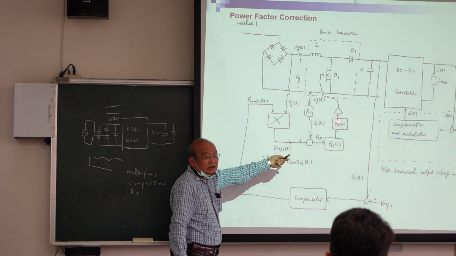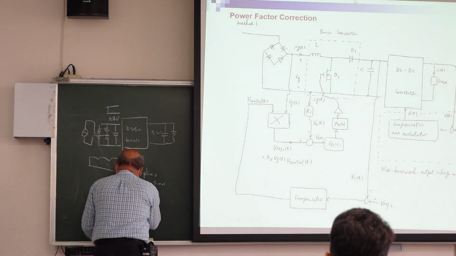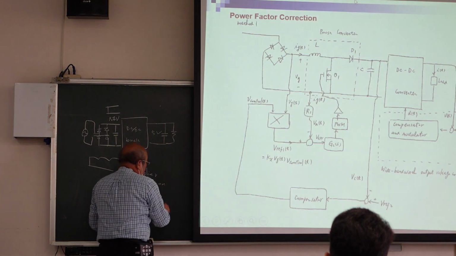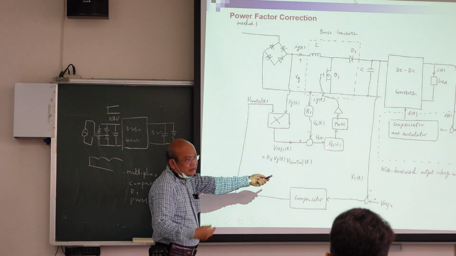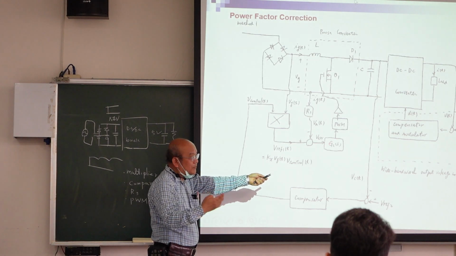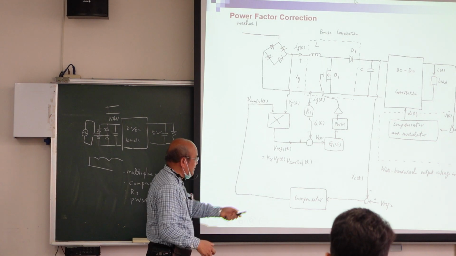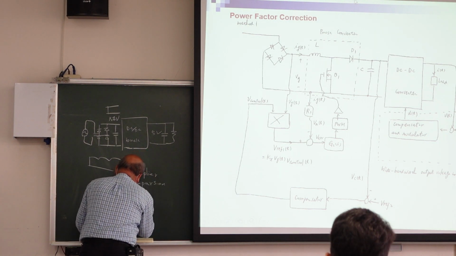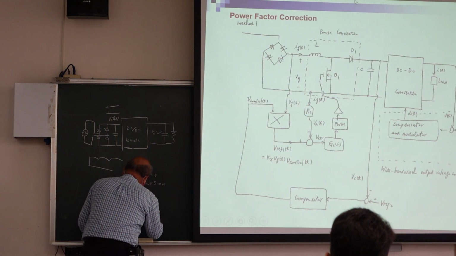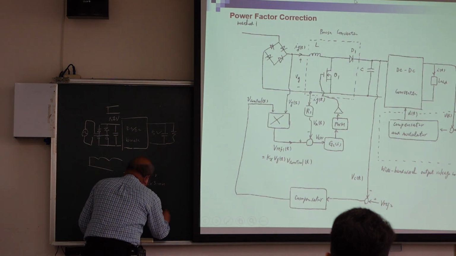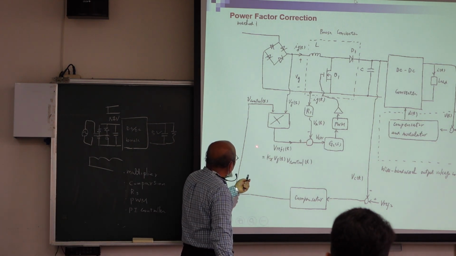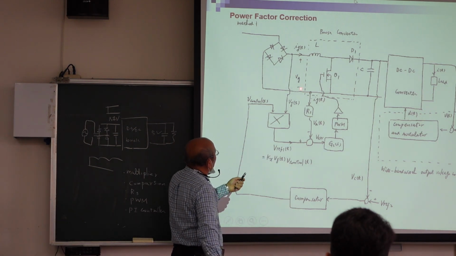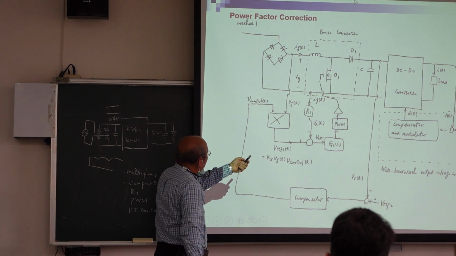You need a PWM. You need a controller, right? How can you design a controller? Use an operational amplifier to design a PI controller. Okay, then you finish. So this is the first one.